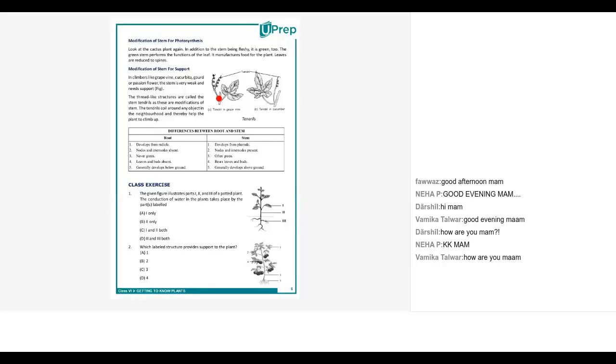But in the gourd family, the stem will modify. It will change itself, and it will have tendrils for support. If there is a wooden stand or a stick here, the tendril will wind and entwine itself along with this, and then help to hold the plant straight.